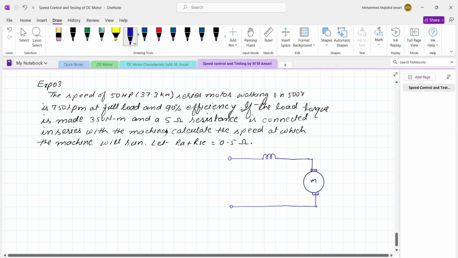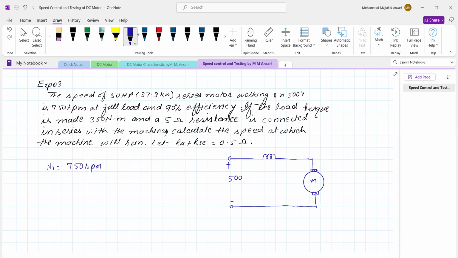It is a 50 HP motor working at 500 volt and runs at speed N1 equal to 750 RPM at full load and efficiency is equal to 90%.